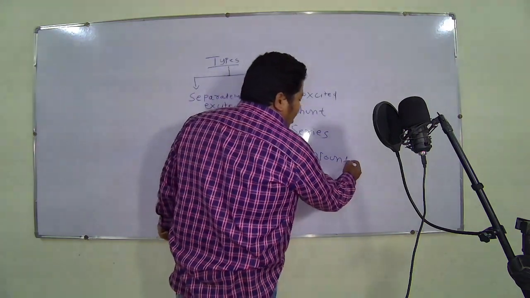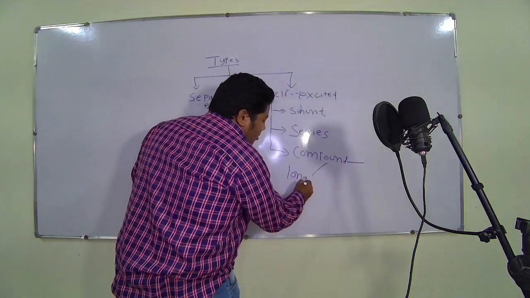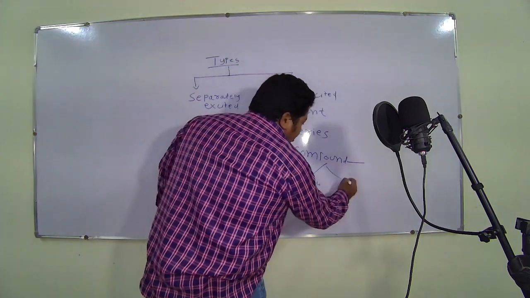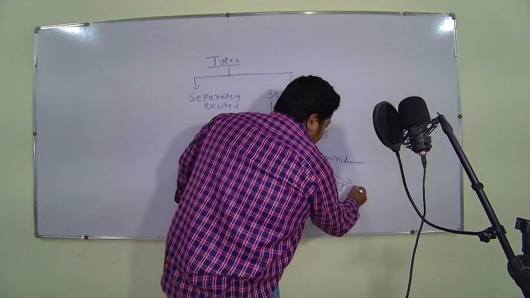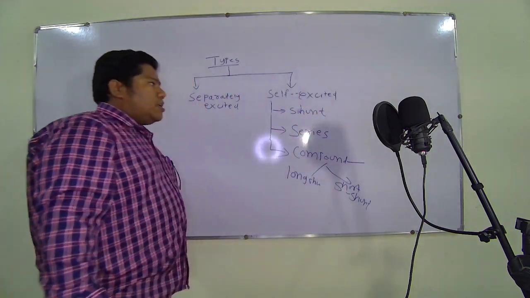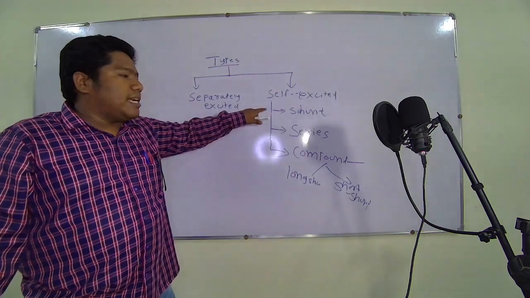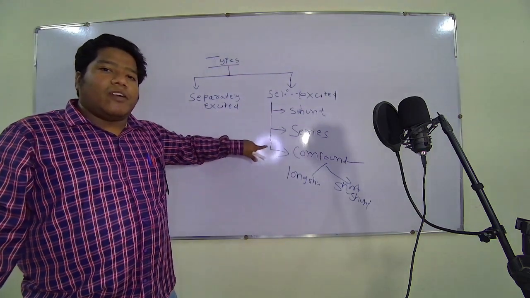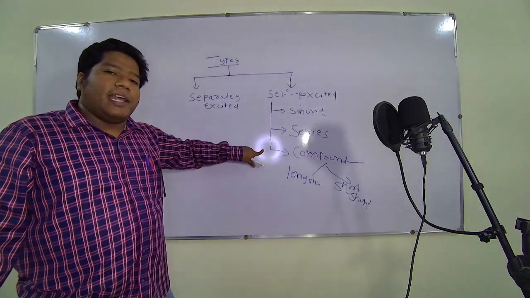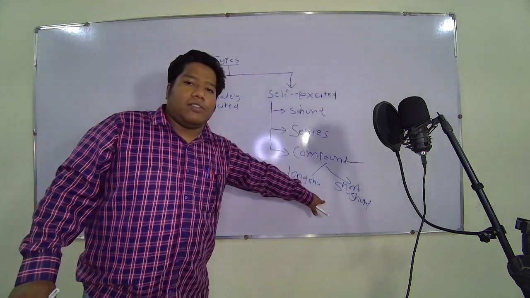Then compound can also be divided into two types: one is long shunt and another one is short shunt. So self excited machine can be divided into three types, that is shunt, series and compound. And compound can again be divided into two types, that is long shunt and short shunt.